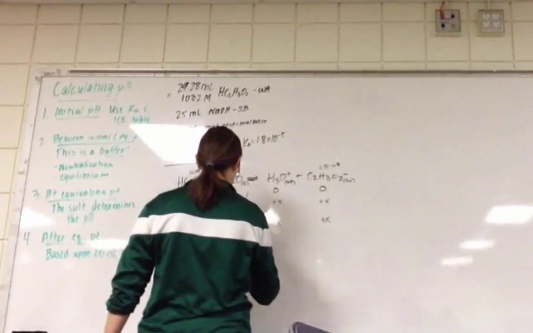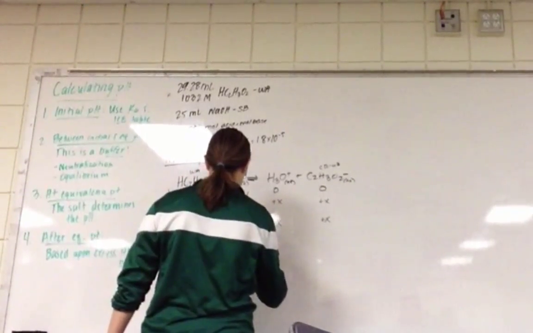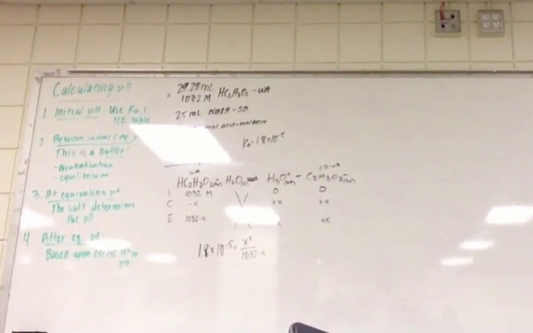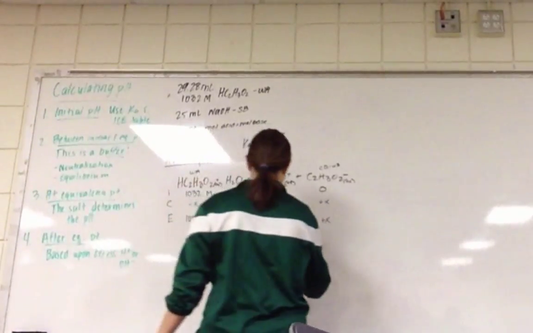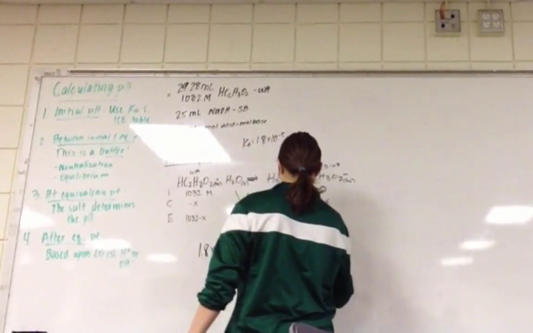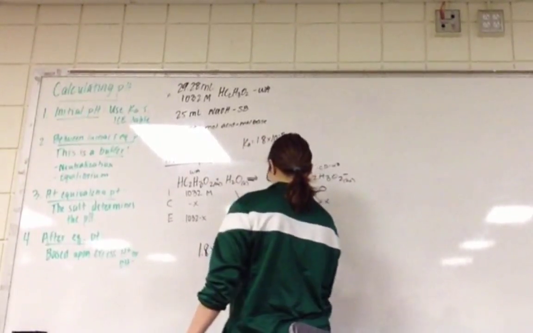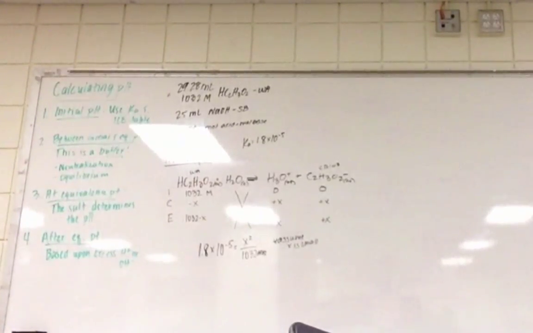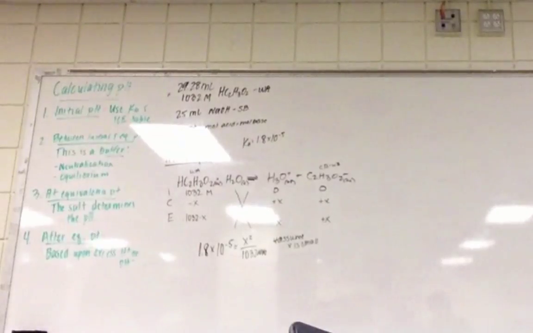But to save space, here's what I have. What can I do to make life easy? Assume X is small. Don't forget to write that out. That gets rid of this X on the bottom. Okay, now multiply, take the square root, solve for X.